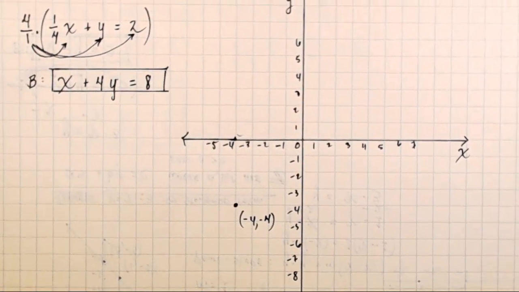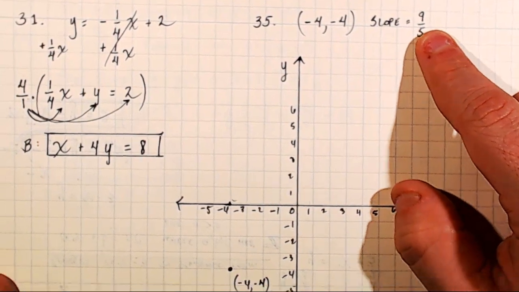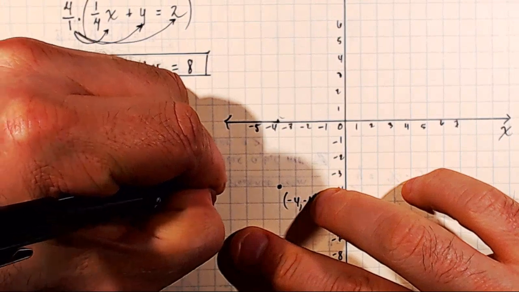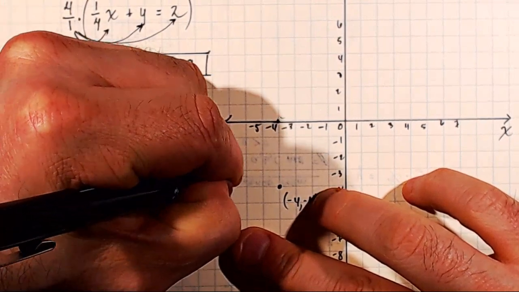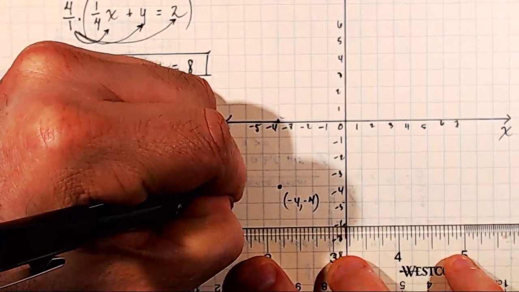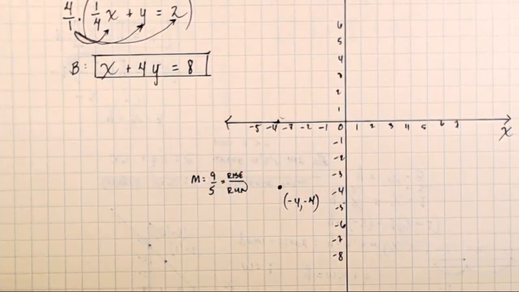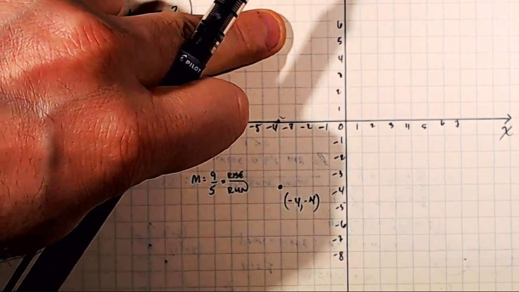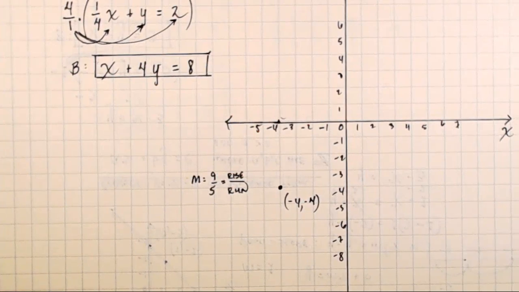And then I have a slope of 9 over 5. Okay, so if m equals 9 over 5, this is equal to the rise over the run. In other words, I'm going to start here at this point that I was given and go up 9 spaces and then over to the right 5 spaces. Right?